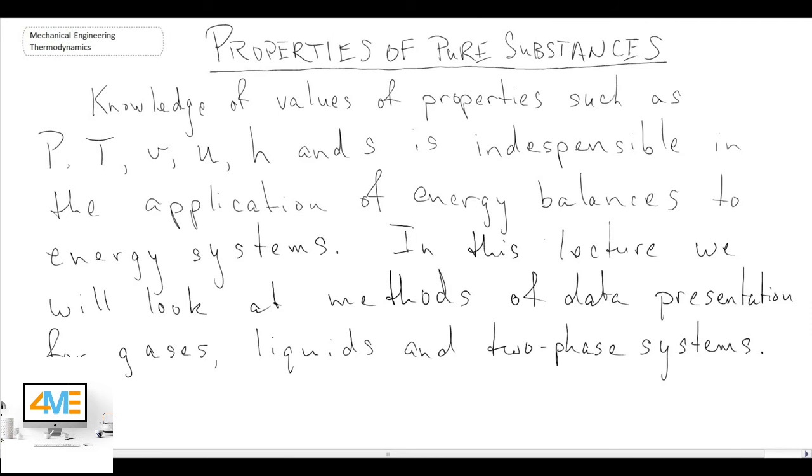So we're looking at properties for gases, liquids, as well as two-phase systems. Those would be systems whereby a liquid is going through a phase change to a vapor. So it's basically going through the boiling process, and we'll talk a little bit more about that later on.